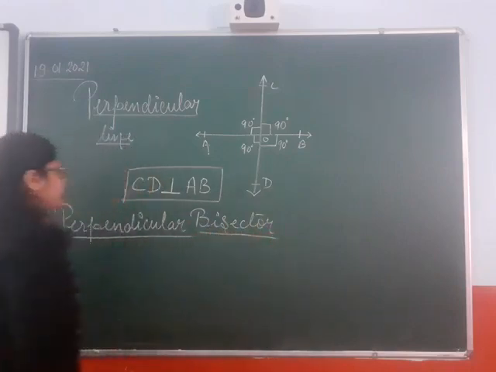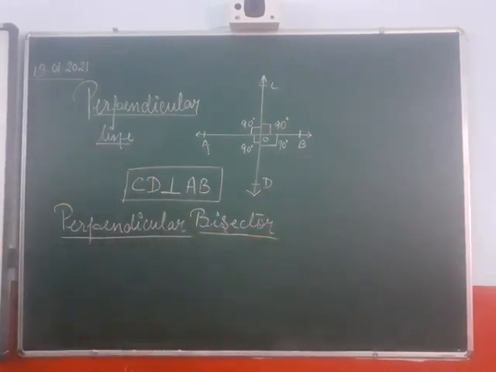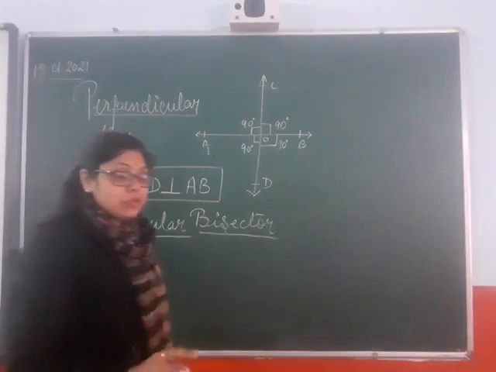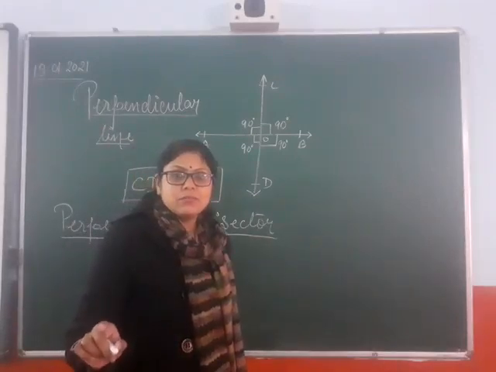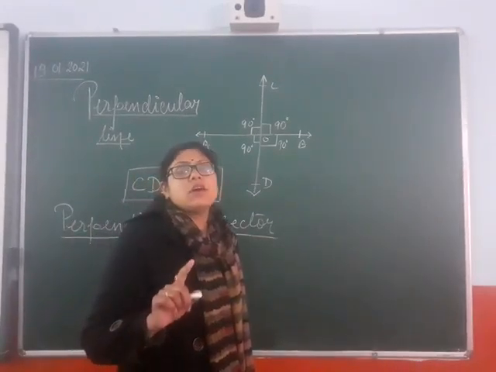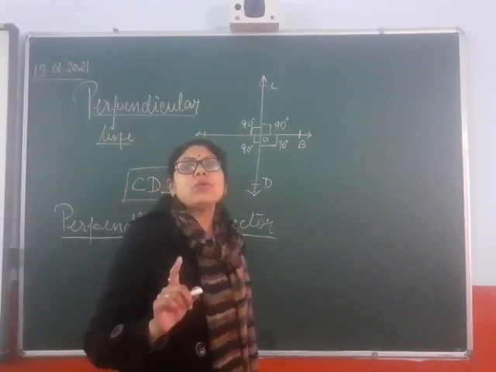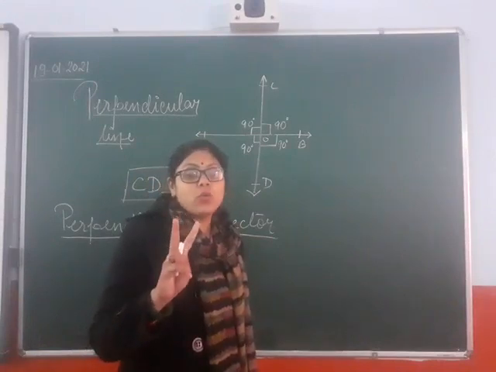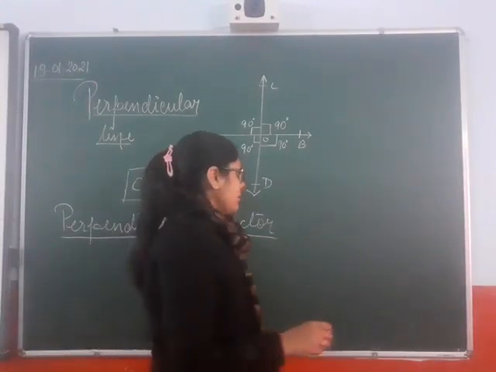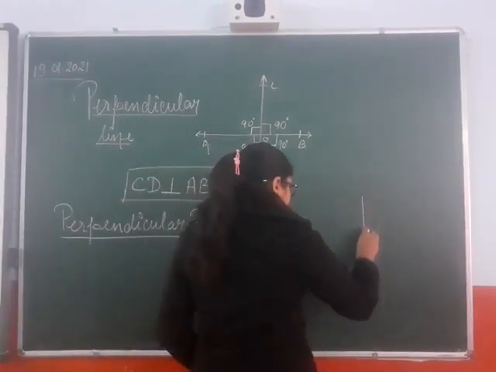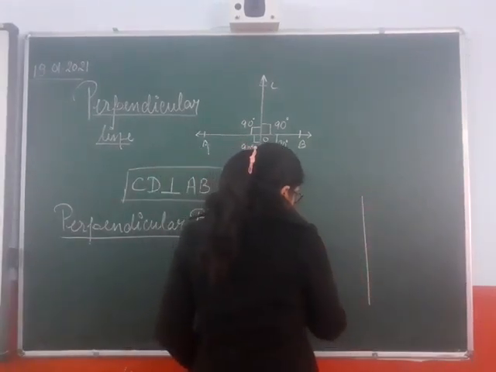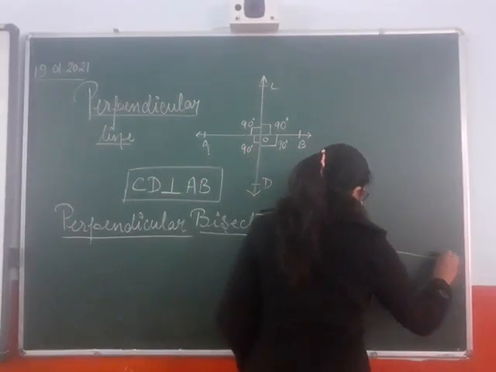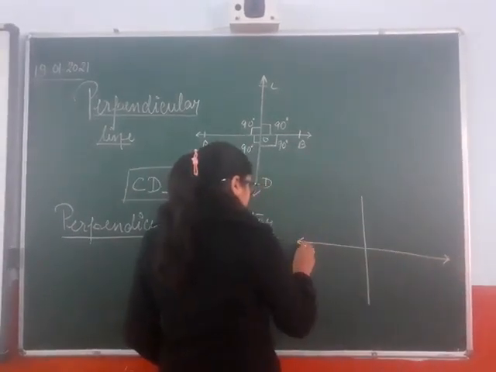What do you mean by perpendicular bisector? Now, as I told you before, bisection means to divide anything into two equal parts. That means perpendicular bisector, here two words are used.